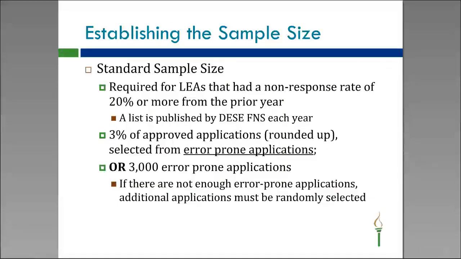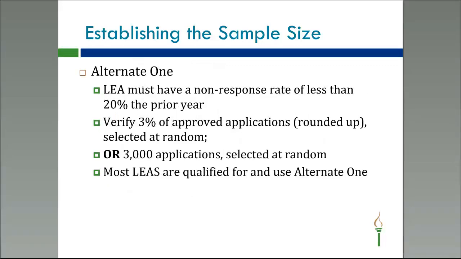So this is just reiterating what we talked about. For standard sample size, it's required for LEAs that had a non-response rate of 20% or more the previous year, and they have to select 3% of approved applications selected from error-prone applications. For alternate 1, the LEA must have a non-response rate of less than 20% the prior year.